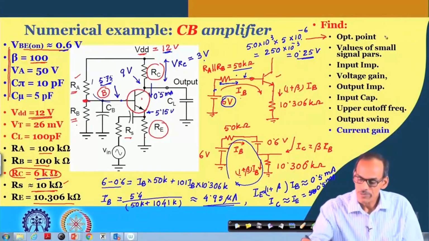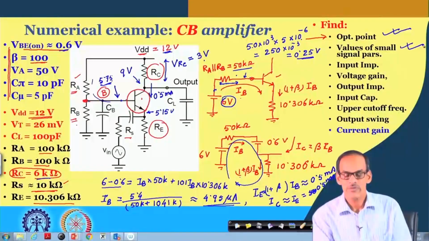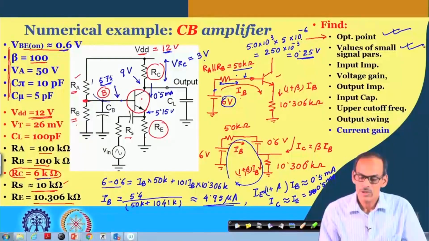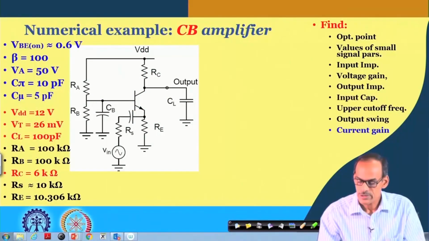Now, once you obtain the operating point of the transistor, we can go for calculating the value of the small signal parameters, namely Gm, R naught and so on. So, let me clear this board and then write those things.